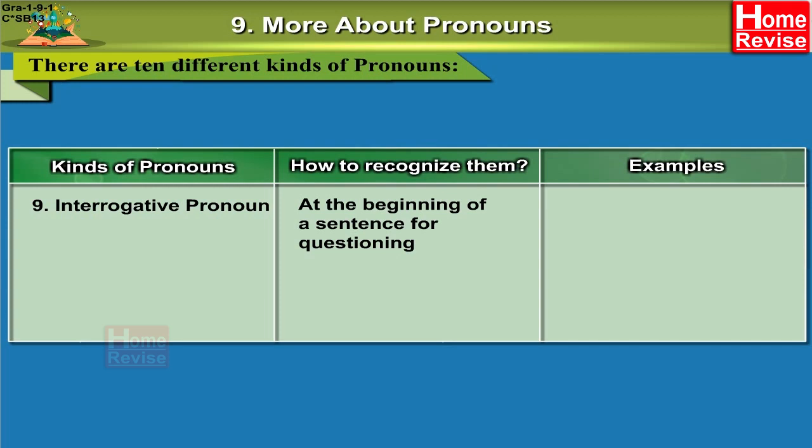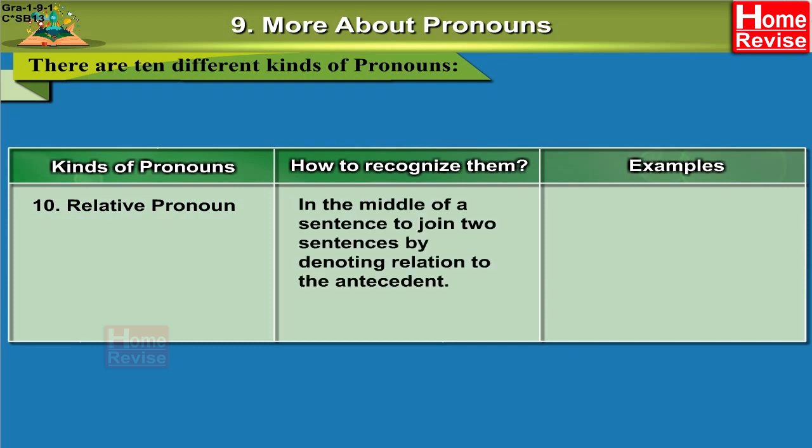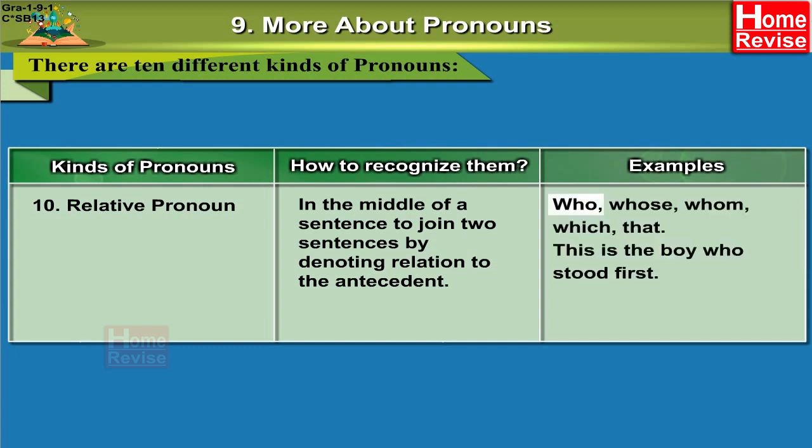Used at the beginning of a sentence for questioning. Examples are who, whose, whom, which, what. 10. Relative pronoun. In the middle of a sentence to join two sentences by denoting relation to the antecedent. Examples are who, whose, whom, which, that. This is the boy who stood first.